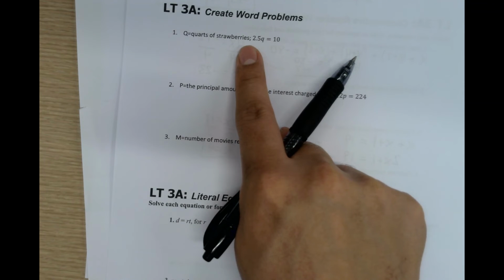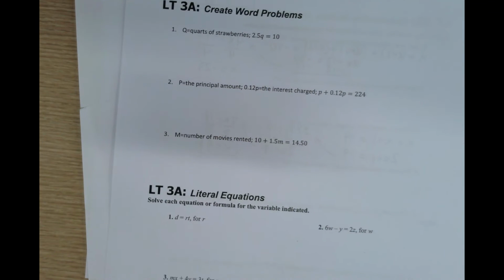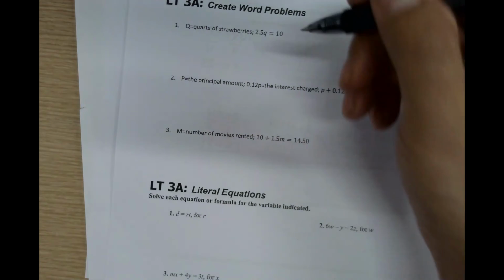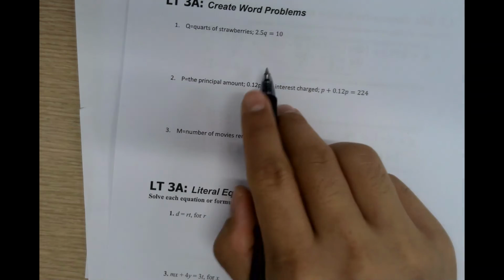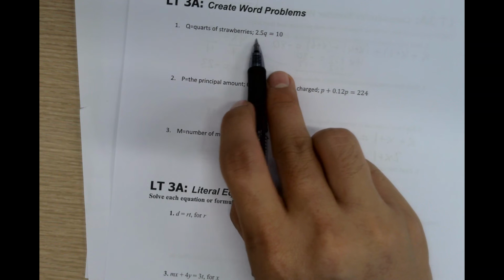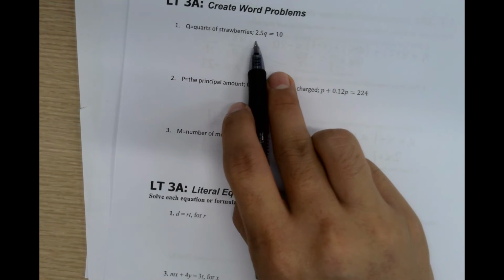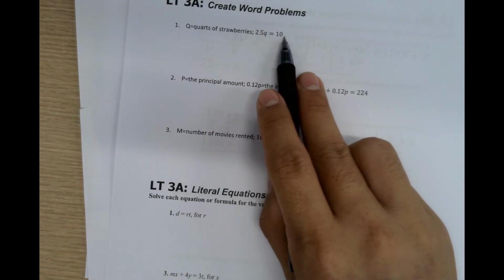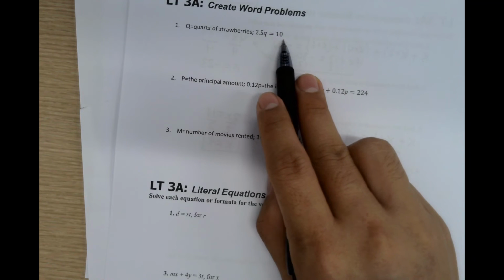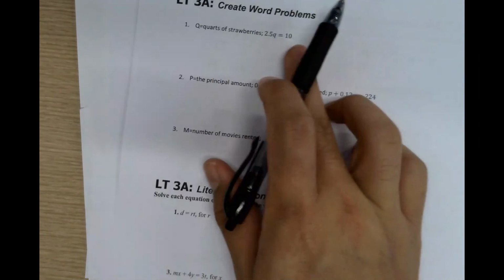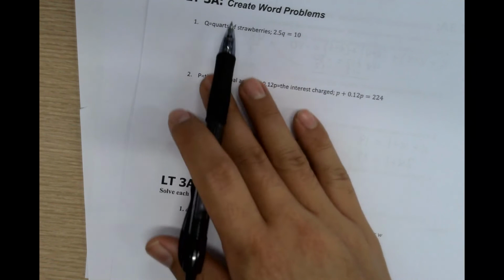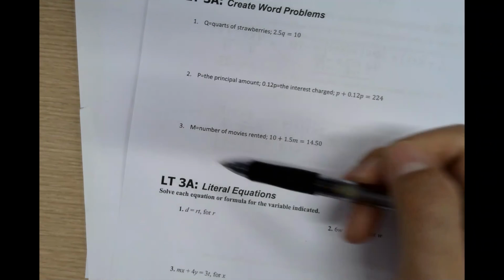So an example story is that for each quart of strawberry, it has 2.5 pounds of strawberries. Another example is that each quart of strawberry would be 2.5 dozen of strawberries. So if you have a total of 10 dozens of strawberries, how many quarts of strawberries do you have? Here you're really trying to create an equation based on what they've given you. And again, this is just one type of problem that will be on the test.